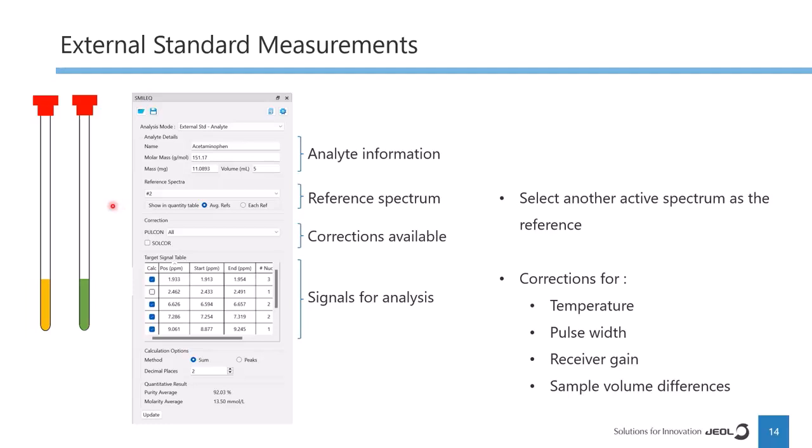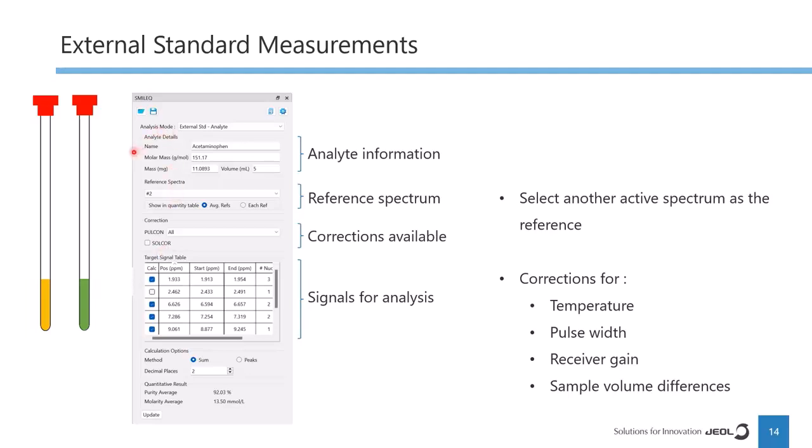So in the external standard method, you have one sample that contains your analyte and one sample that contains your reference compound. And the idea is that you run your reference compound, and then using that spectrum and using information from it and the fact that the NMR spectrometer gives a standard response when you put your analyte in, we can then use that information to work out the purity.